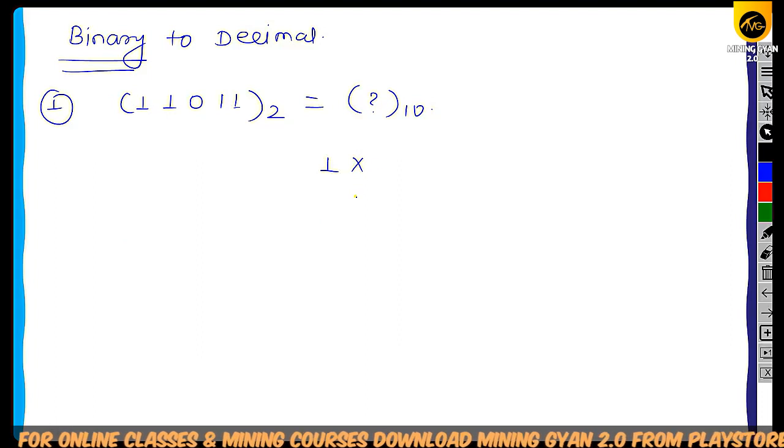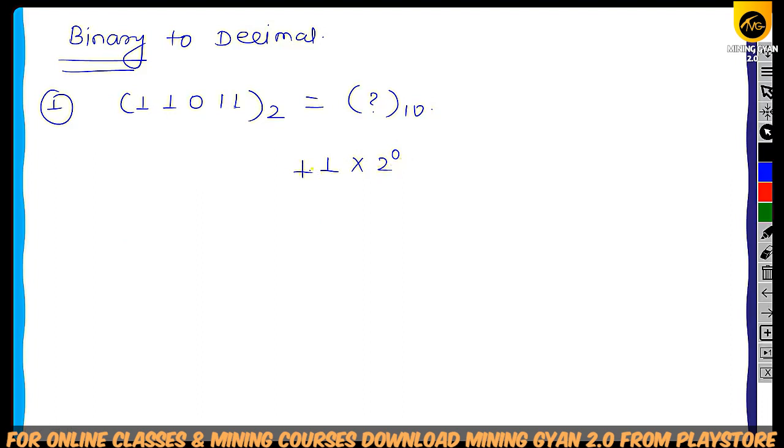The base number of binary is 2, and the first digit uses the least power, so the power will be 0.